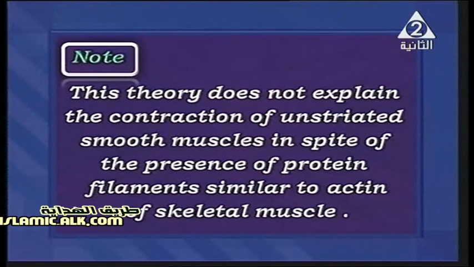Unstriated muscles are smooth muscles. They move out of your will. You cannot control them, like the muscles inside your small and large intestine, most of the alimentary canal. They contain protein filaments similar to actin of skeletal muscles. There is no striation in the smooth muscles.